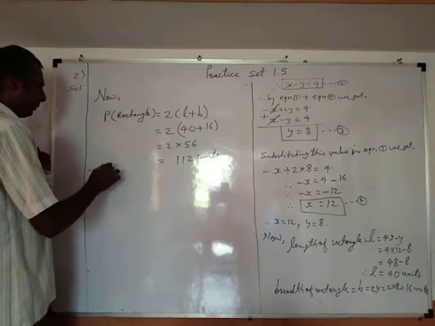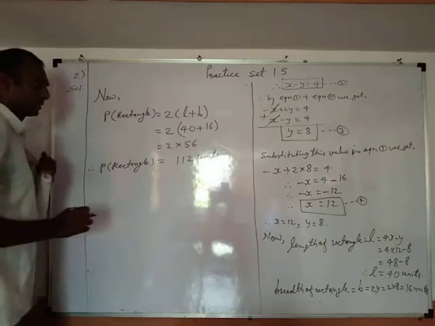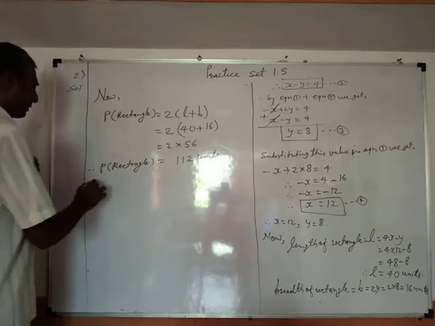Therefore, perimeter of a rectangle is equals 112 units.